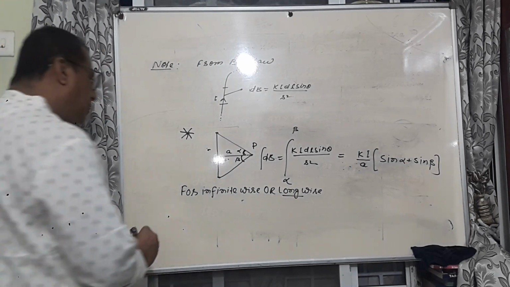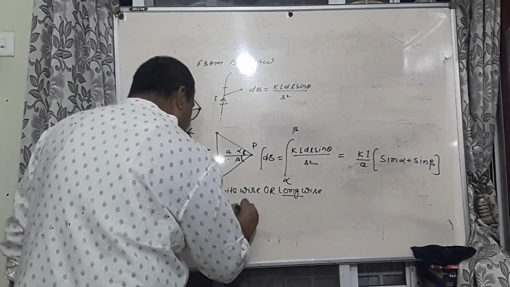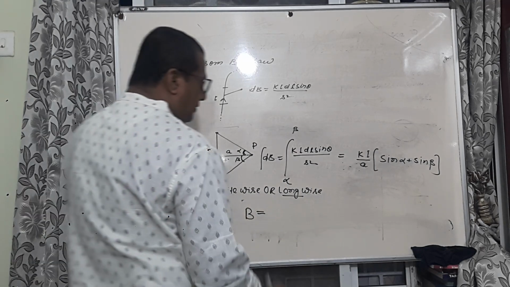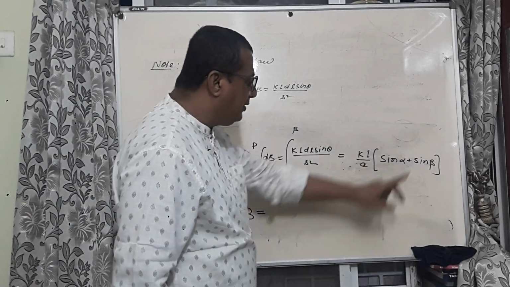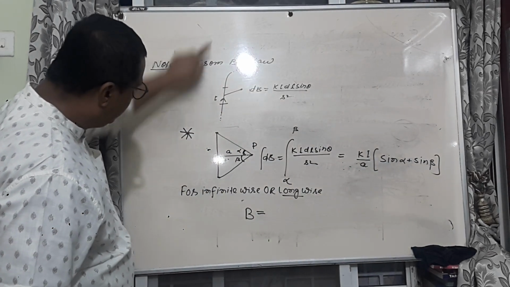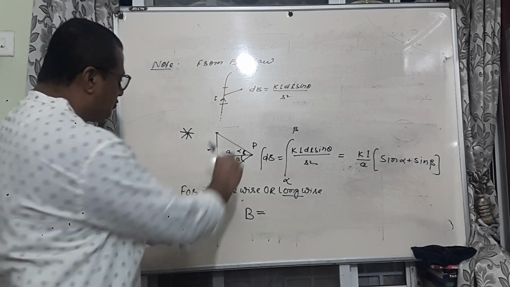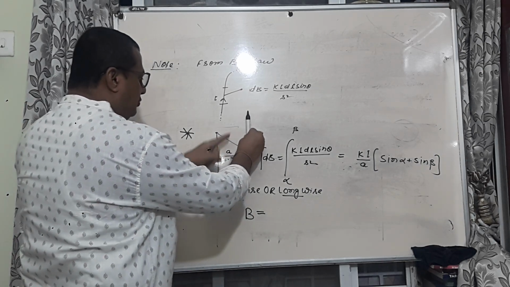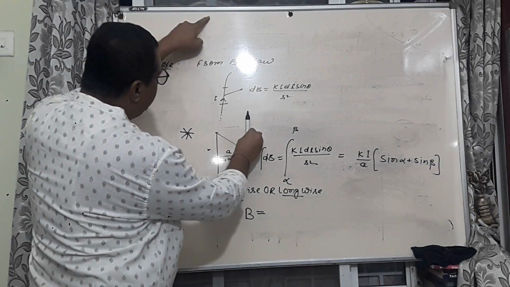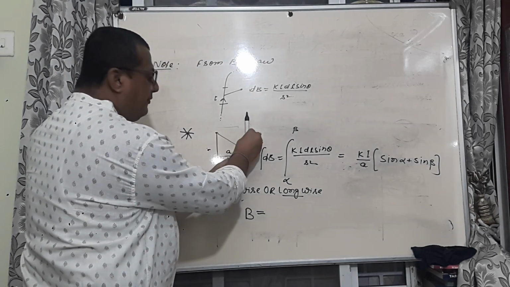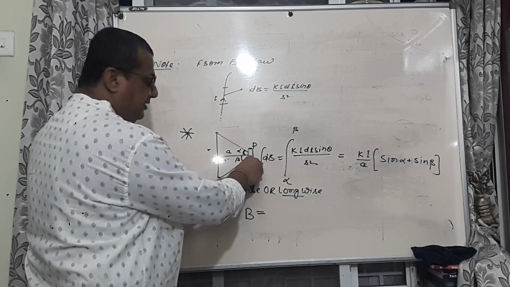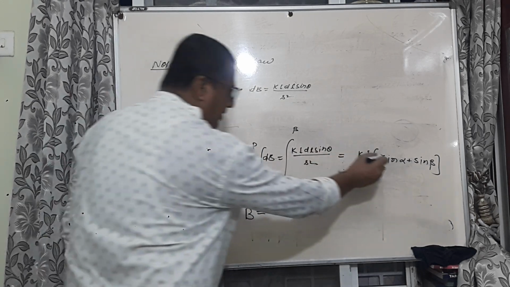So for an infinite wire, the magnetic field will be equal to: for an infinite wire alpha will be equal to 90 degrees, because it is going infinite. It is also going infinite on the other side, so gradually this angle will be equal to 90 degrees. So the angle alpha will be 90 degrees and the angle beta will also be 90. So alpha and beta will be equal.